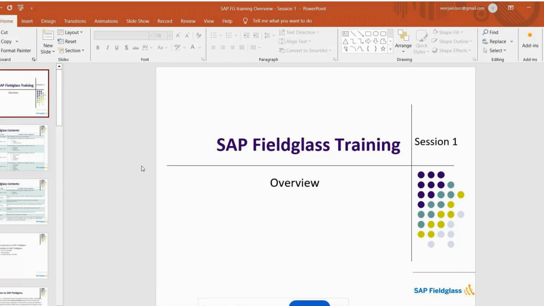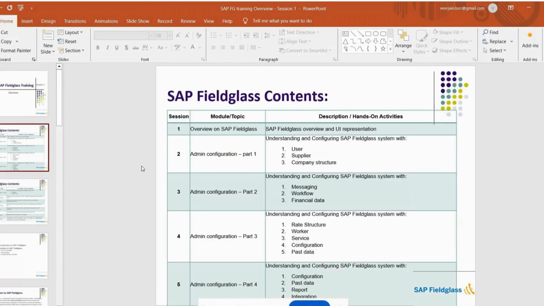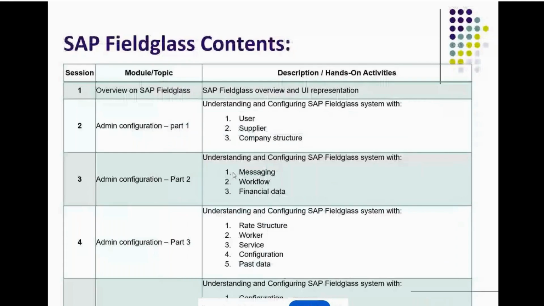Yeah, so we'll proceed with the contents of what we'll be covering in SAP Fieldglass. Anyhow, this is just the first session, so we'll cover some part in this first session, and then we'll continue with the training. Each and everything regarding SAP Fieldglass will be covered in this training.